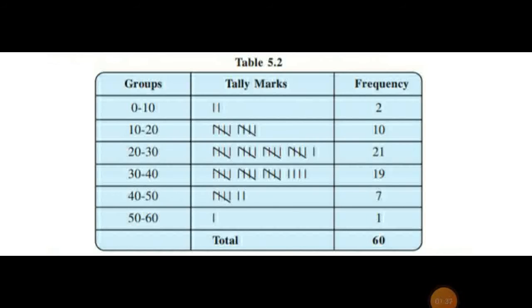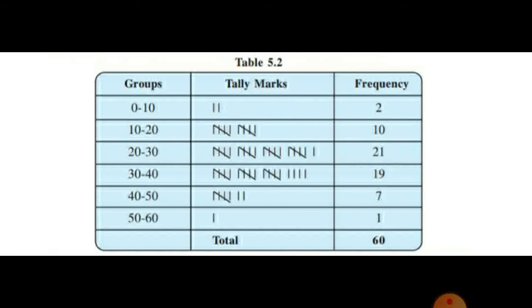Now you are able to see the next table. In this table, the heading is grouping data. If you make a frequency distribution table for each observation, then the table would be too long.